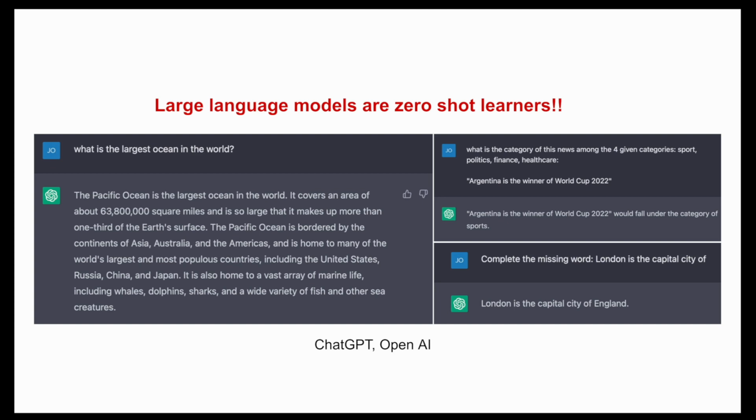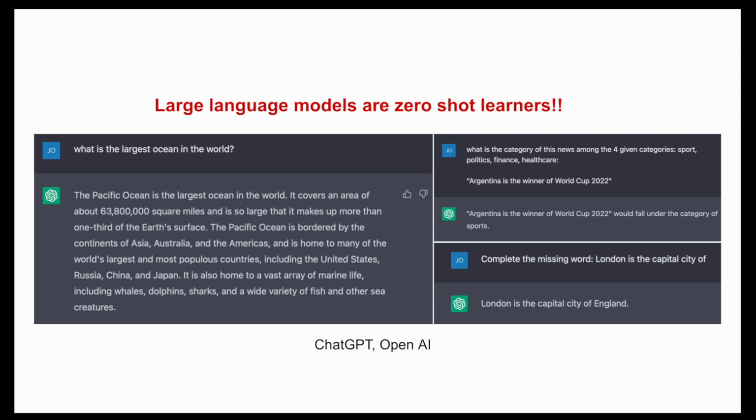ChatGPT is able to recognize that this particular news would fall under the category of sports. And just for you to know, ChatGPT, as the model itself says, was trained on data before 2021, so it doesn't know anything about Argentina winning the World Cup 2022. But it can still recognize that this news falls into the category of sports.